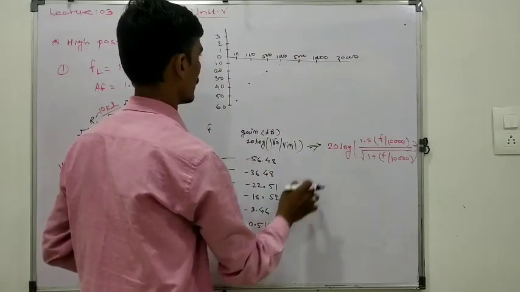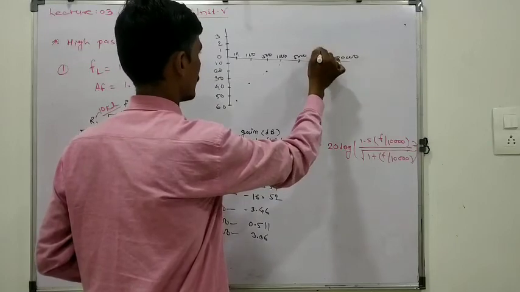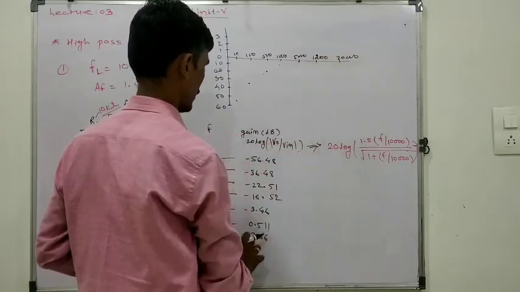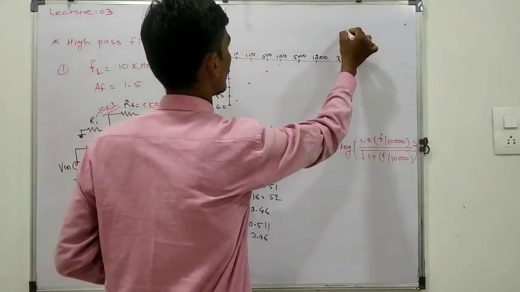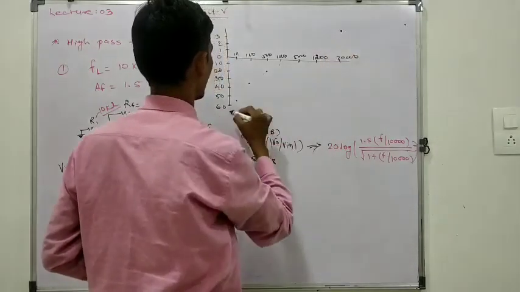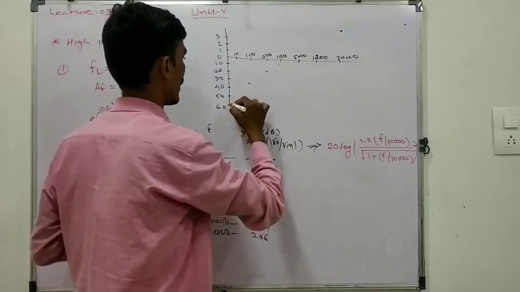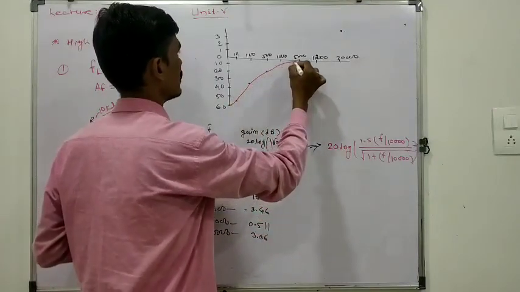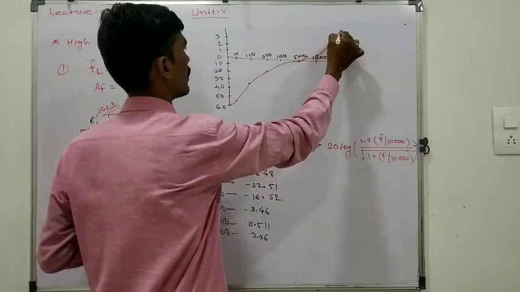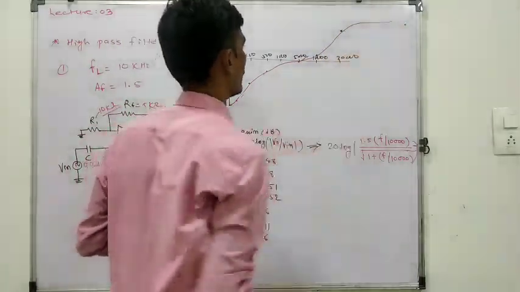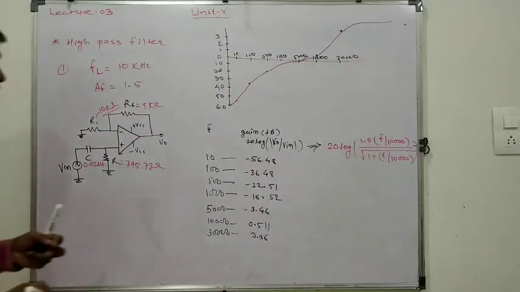Then 0.51, appearing here. Then 3.06 for 30,000. When we join all these points, we get a curve like this. So this is nothing but the frequency response.